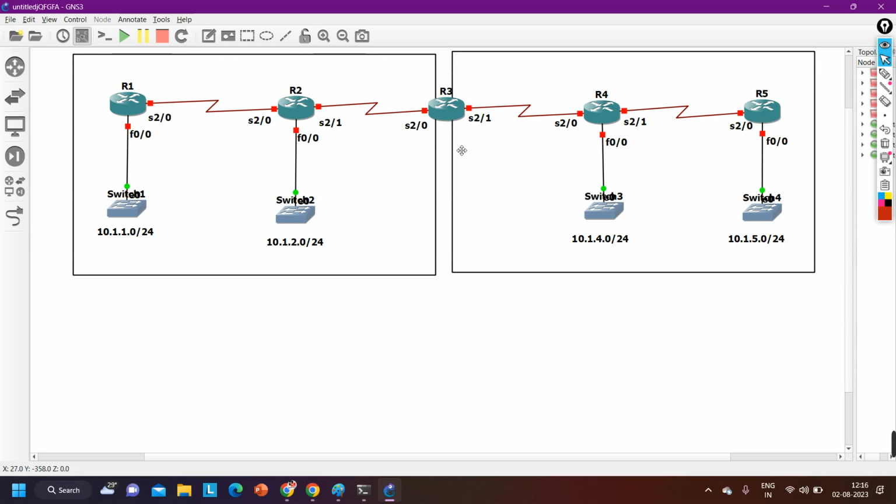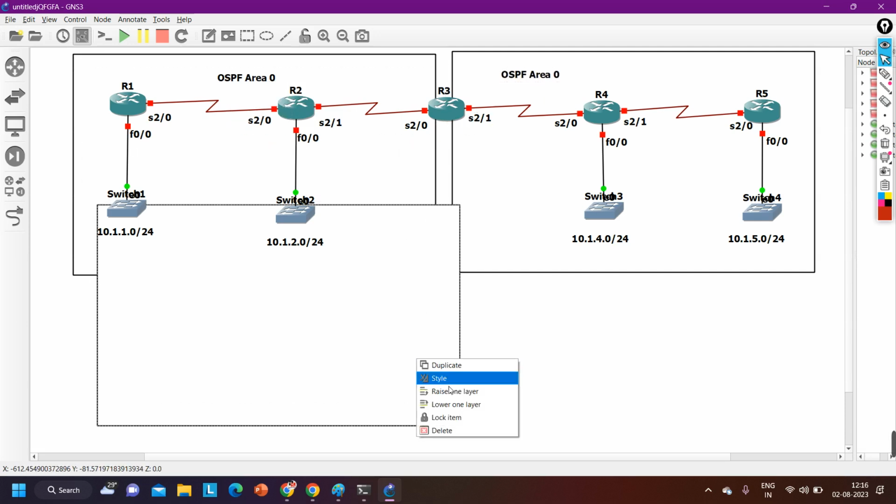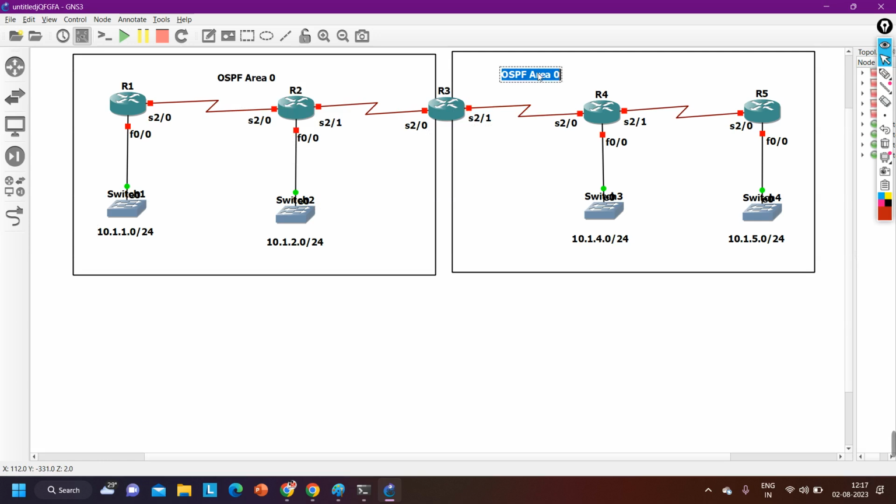So which router will become ABR? R3. R3, very good. OSPF area 0, and here we have OSPF area, let's say 10.